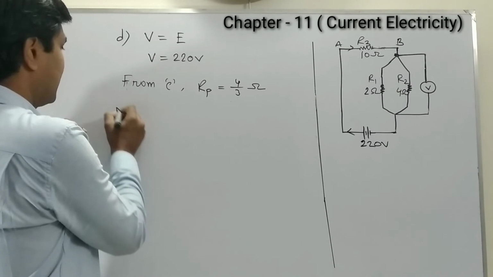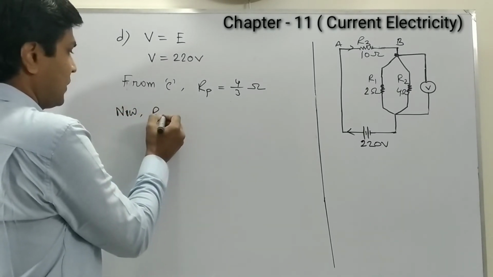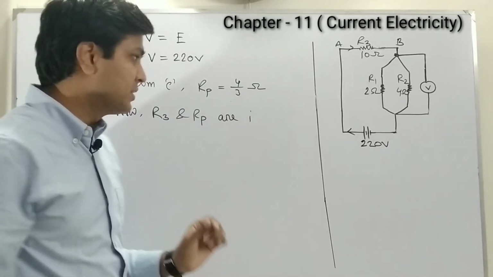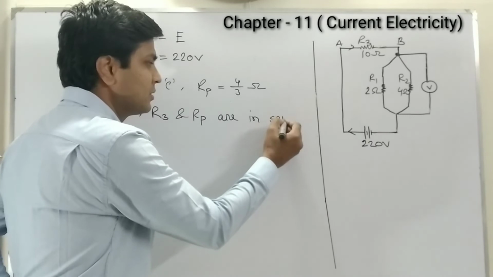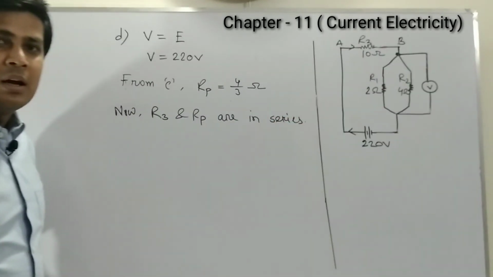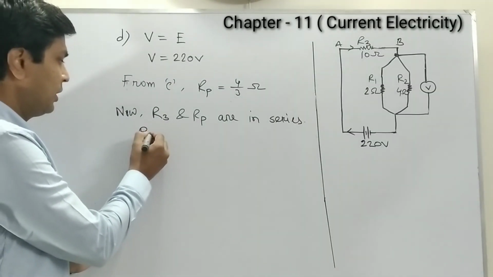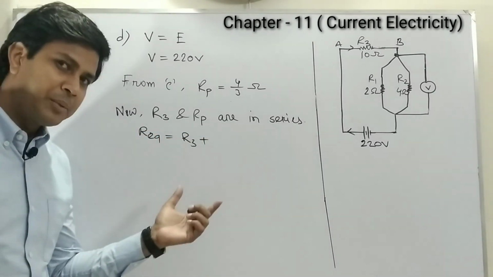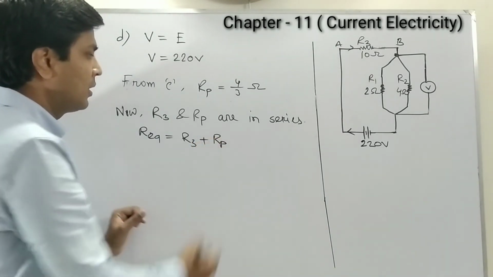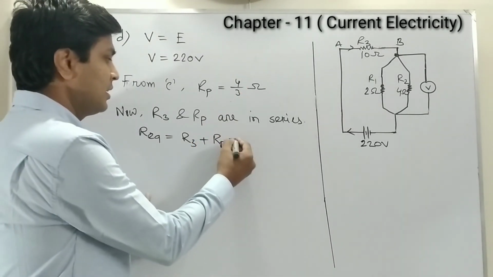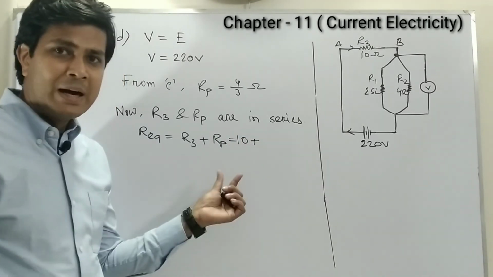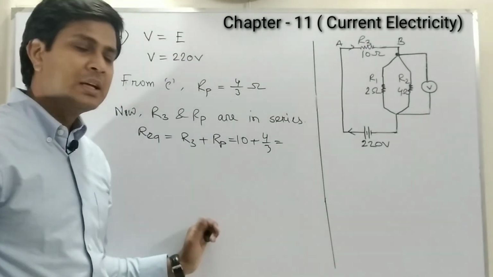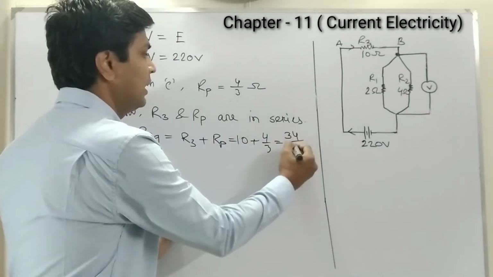Now we can write R3 and Rp are in series, and the equivalent resistance of that circuit will be R equivalent equal to R3 plus Rp. The value of R3 is 10 and the value of Rp is 4/3. Then the answer will be 34/3 ohm.